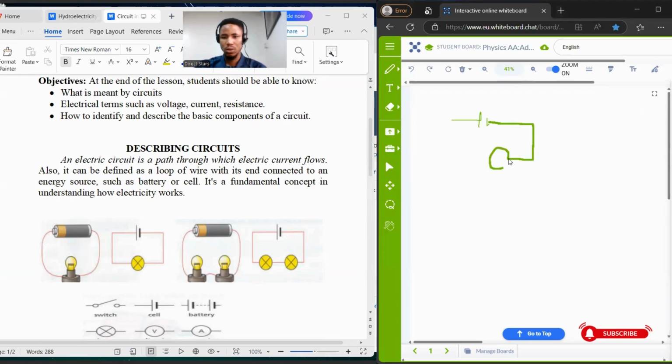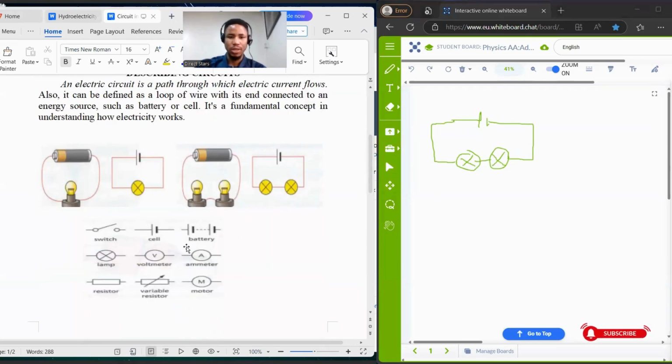So this is a symbol that represents a lamp. And this is a symbol that represents a cell, and cells. So now we have different symbols in a circuit.